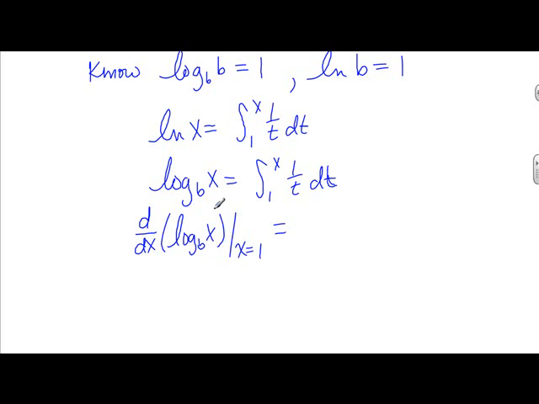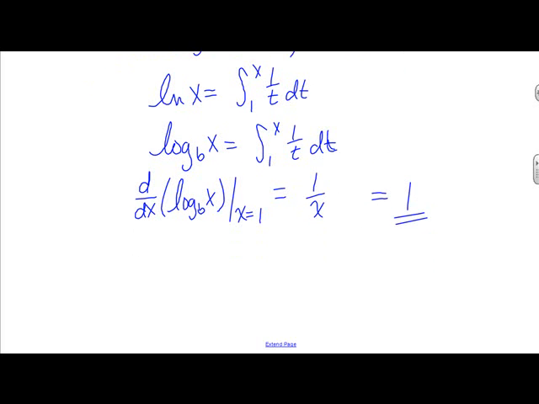So I know the derivative of log base b of x has to be 1 over x, and at x equal 1 that will equal 1. Think about just plugging a 1 in for that x. So we know that the derivative of log base b of x at x equal 1 is 1.